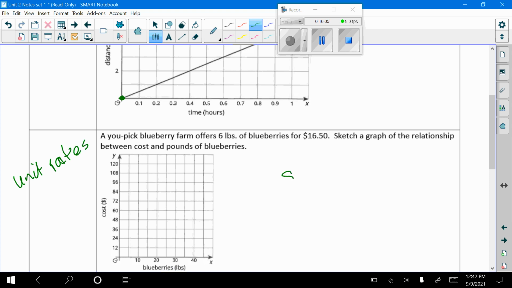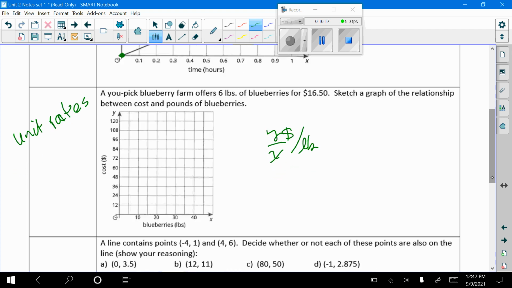I want the dollars per pound. Remember, that's going to be your y over your x. Can you write a rule?